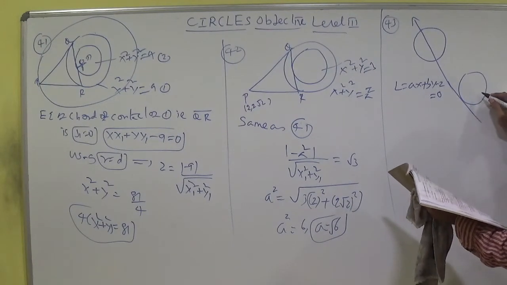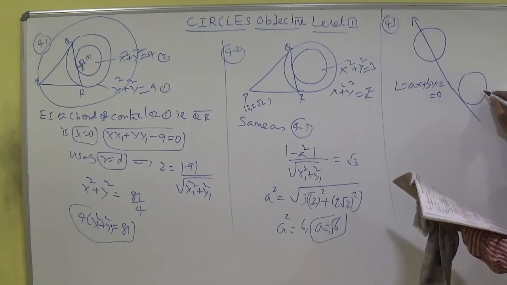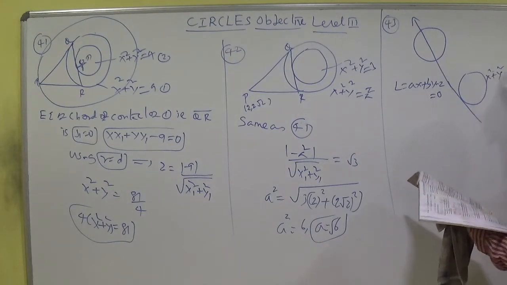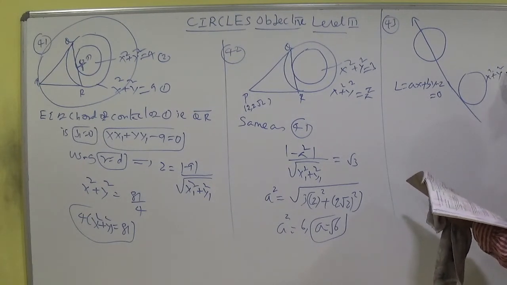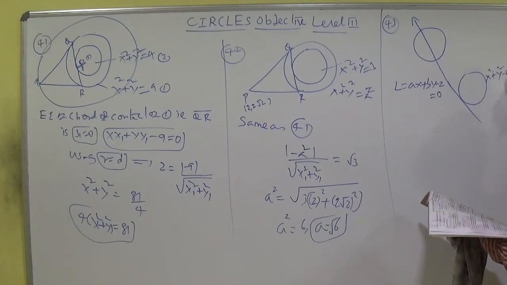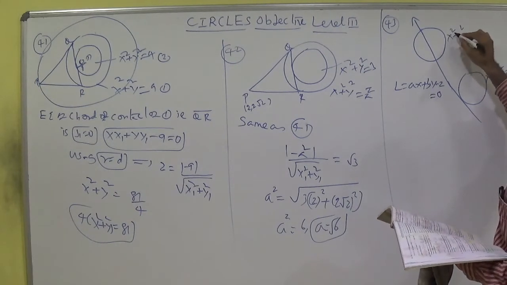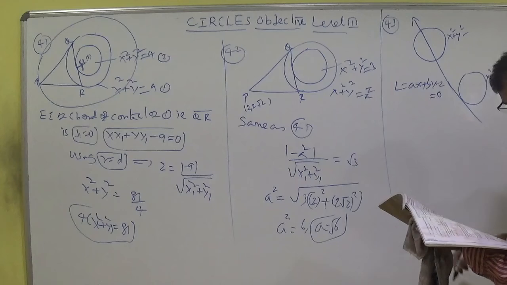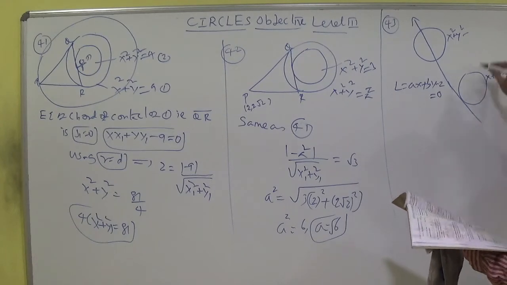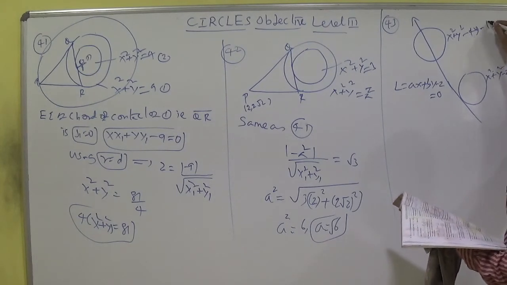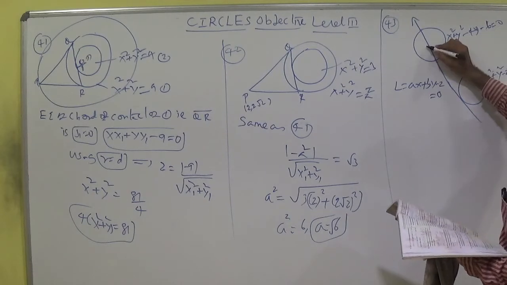It is touching the circle x square plus y square minus 2x minus 3 equal to 0. This is normal to the circle x square plus y square minus 4y minus 6 equal to 0.